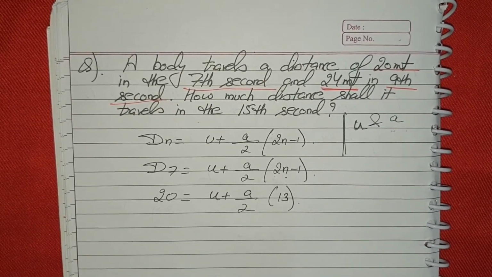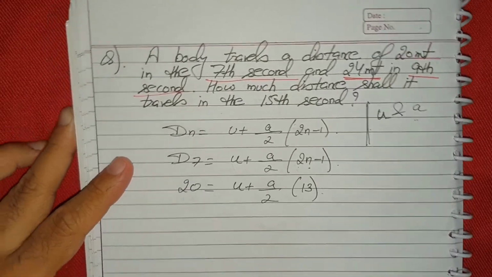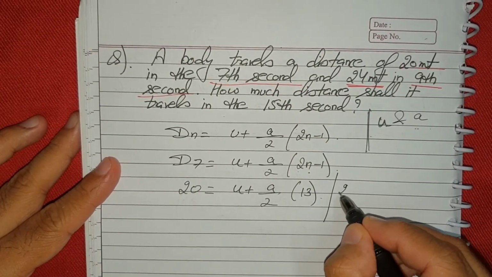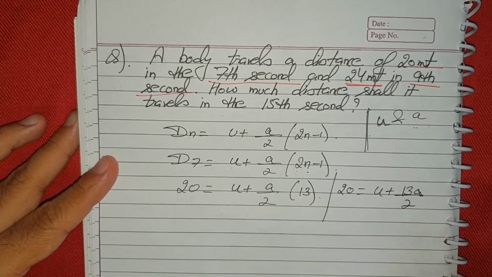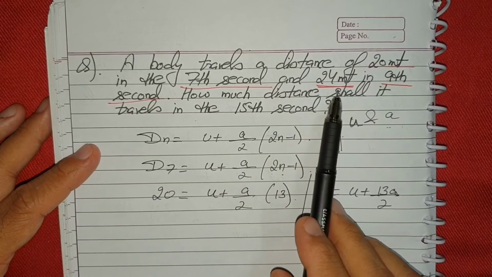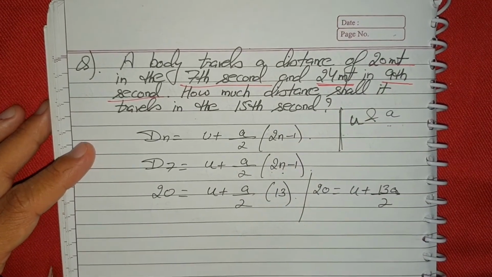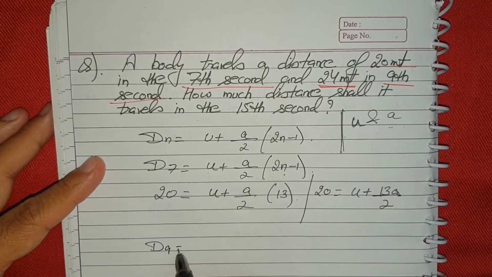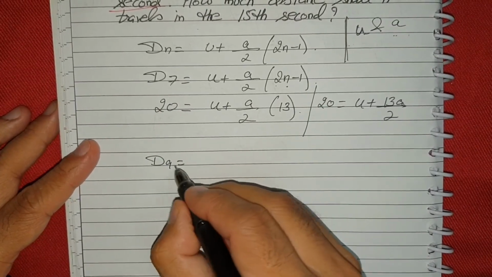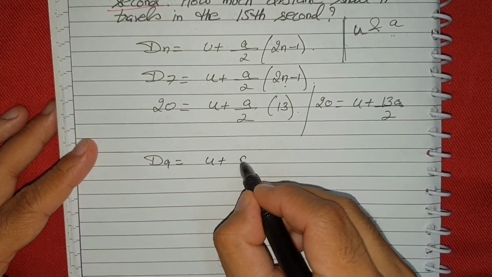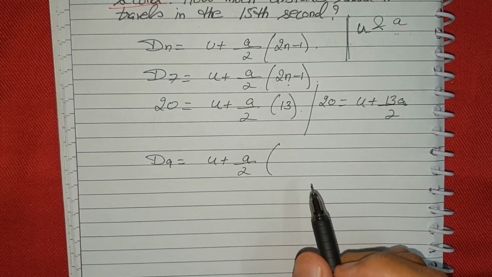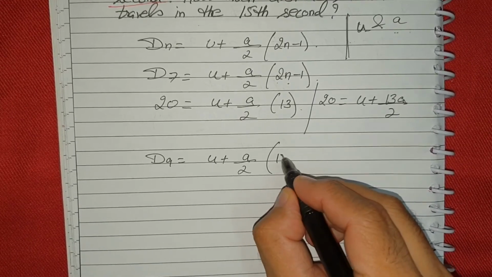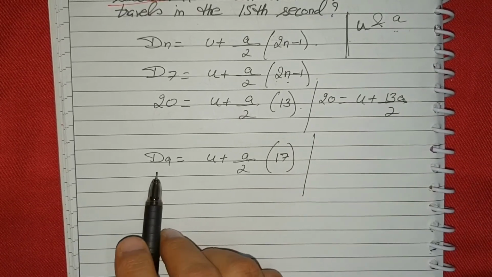So this becomes 20 equals u plus 13a by 2. Now the second equation will be obtained from 24 meter in the 9th second. So d9 equals u plus a by 2, now 2 into 9 is 18 minus 1, 17. What is d9? d9 was 24 meter.